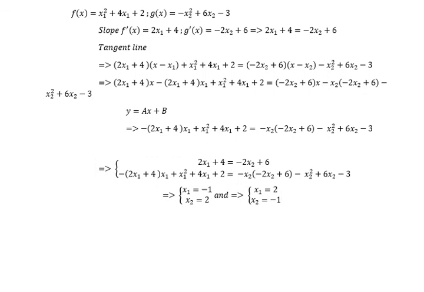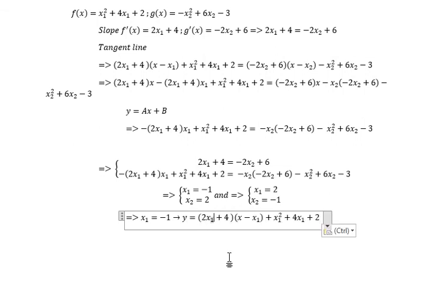So after we find s1 equals -1, we put it back into the tangent line equation in here. We change number 1 to -1.